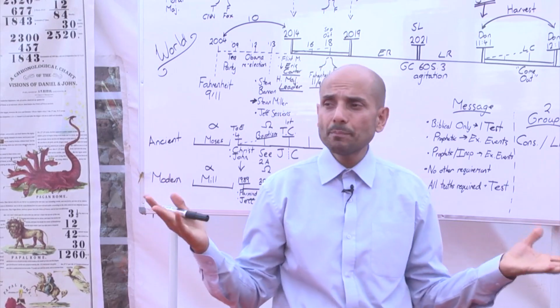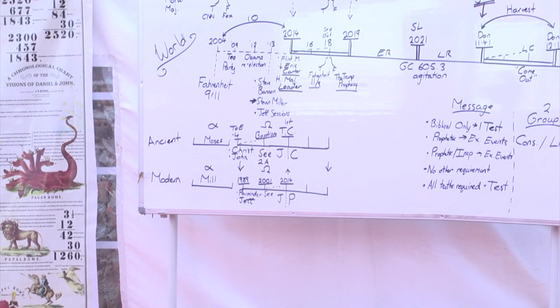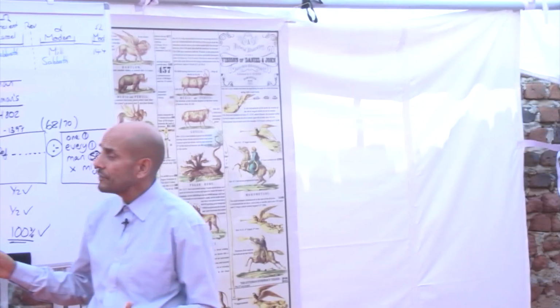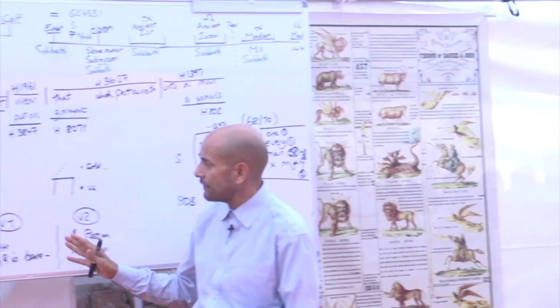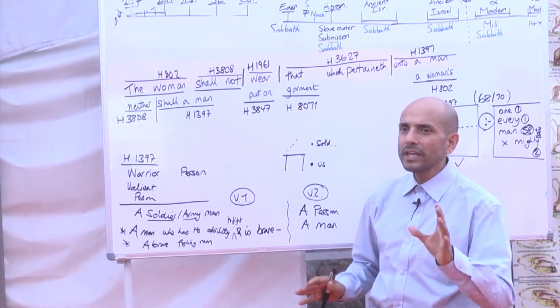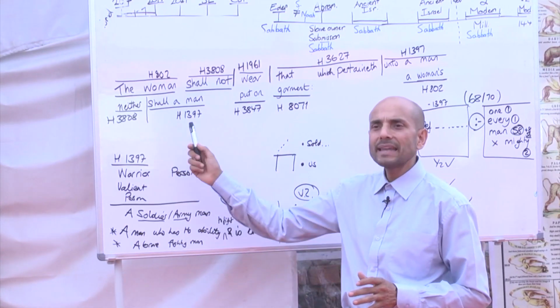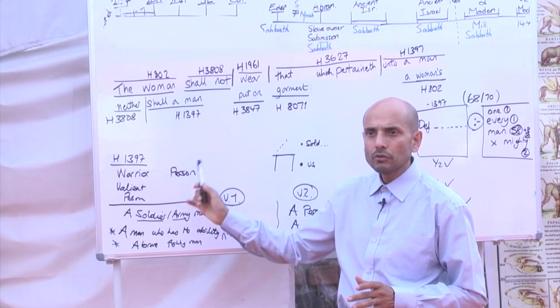We haven't even studied the passage. Most people have never gone through this carefully, or as carefully as we have. They read the verse and they say, we know what kind of a man this is. What kind of a man is that? Normal man.